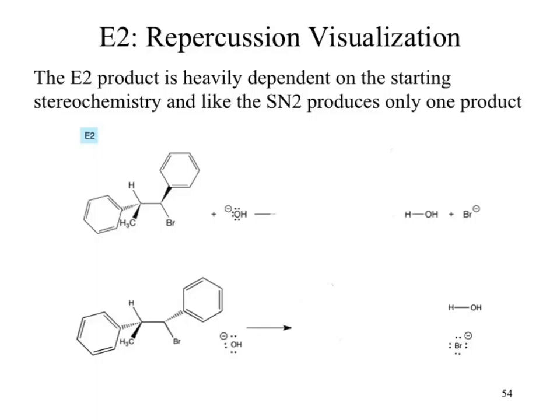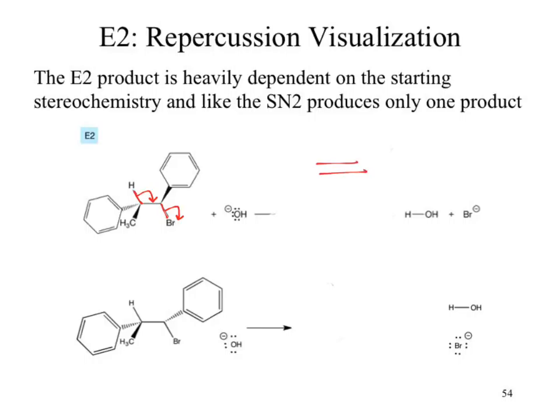What happens when we do the E2 elimination? We break and make. So the bond between the carbon and the hydrogen must be broken at the same time as the bond between the carbon and the leaving group breaks. So those are the arrows we must use. What would be the result of that?